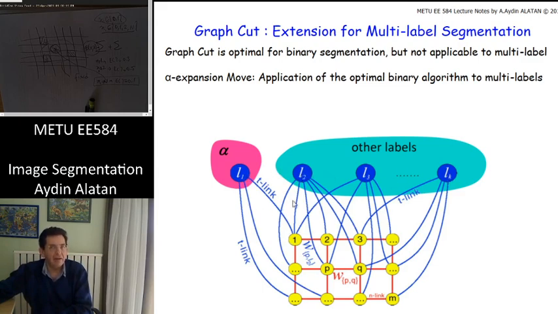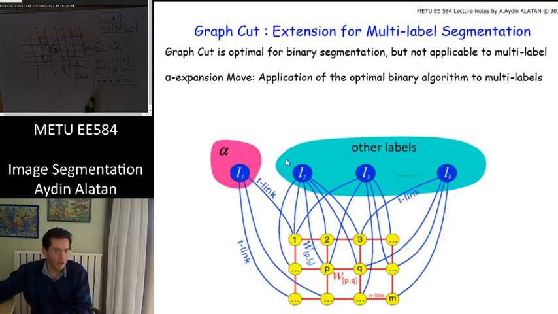You fill the edges, as I have explained before. And the way you do it, this is one of them. One of them is 1. All the others are the second one. Now the problem becomes a 2 label problem. Red versus the green. Binary problem.